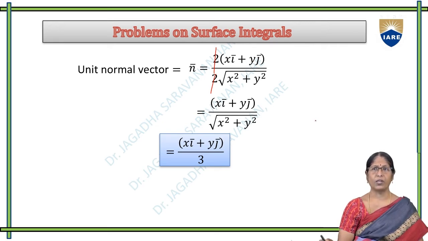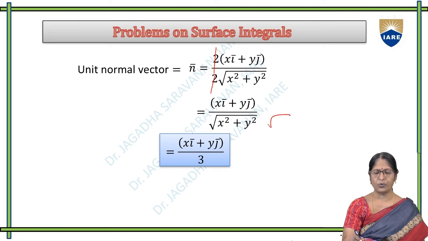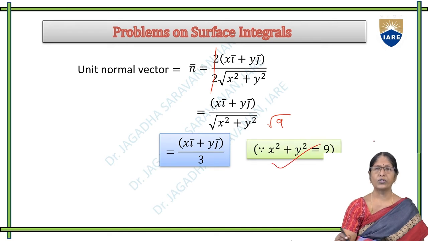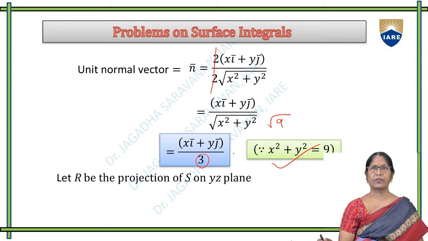The condition given in the problem is x² plus y² equals 9, so substituting, the square root of 9 is nothing but 3. Using this condition, we obtained this result.